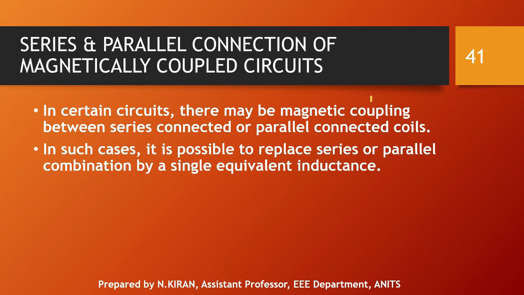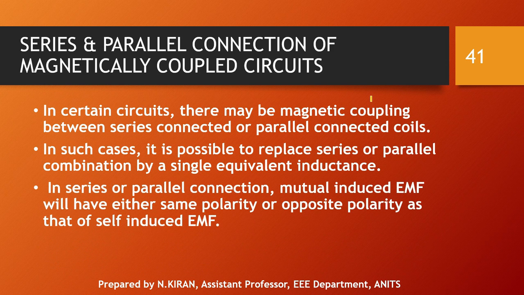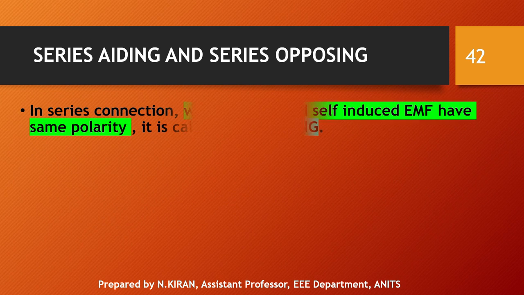In such cases, it is possible to replace the entire circuit by a single equivalent inductance. In series or in parallel connection, the mutually induced EMF will have either the same polarity or the opposite polarity when compared to that of the self-induced EMF.